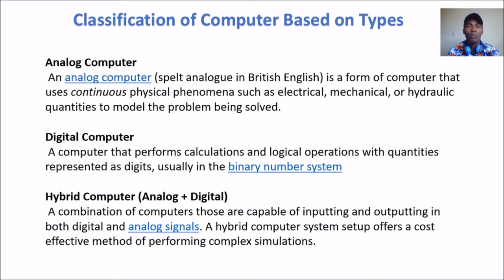For example, I made mention of a wristwatch as an example of an analog computer, which of course you have to tell time. We also have a hybrid wristwatch that has both telling the time and the digital binary time itself. So a hybrid computer can function as an analog computer and also as a digital computer.